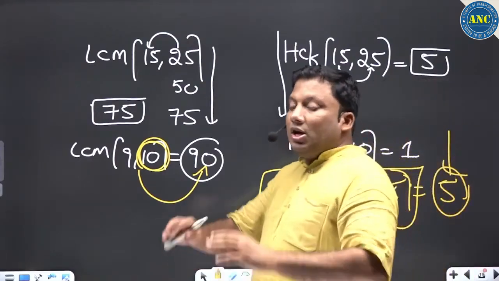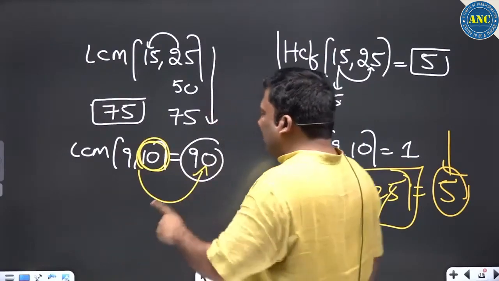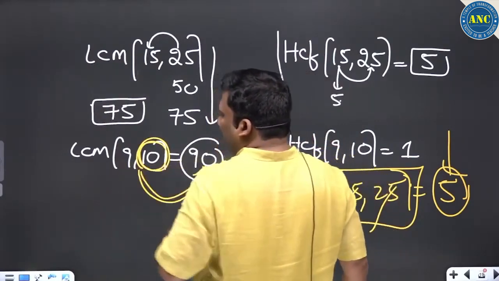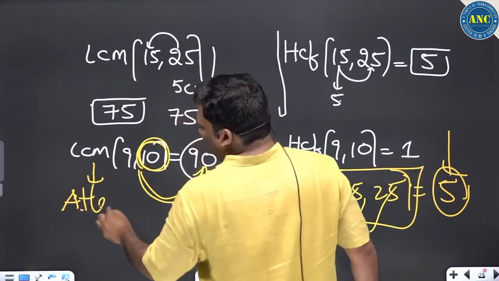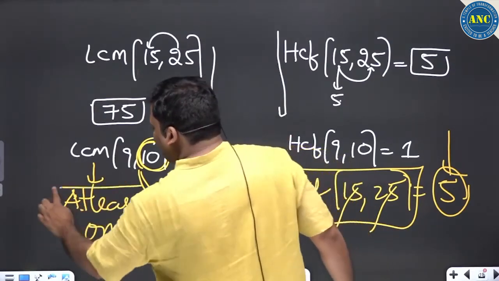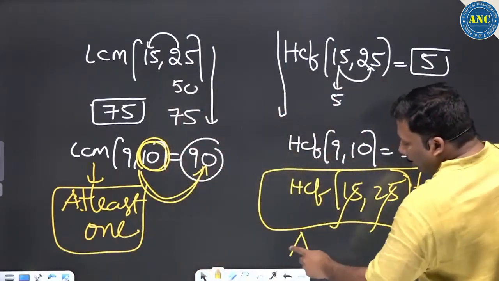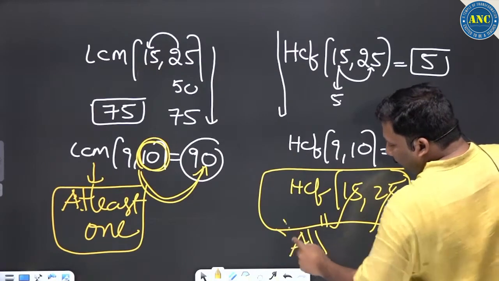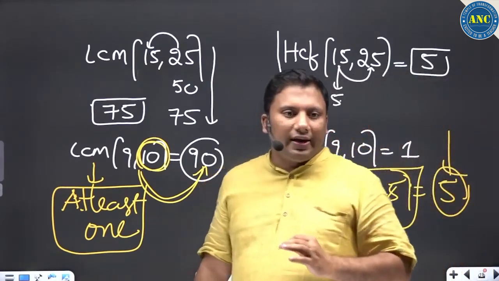In LCM, not all numbers are required, at least one. In HCF, it is all. I hope this concept is clear.